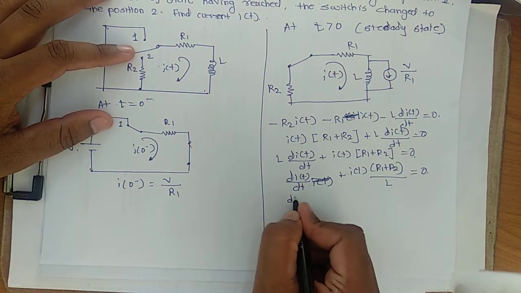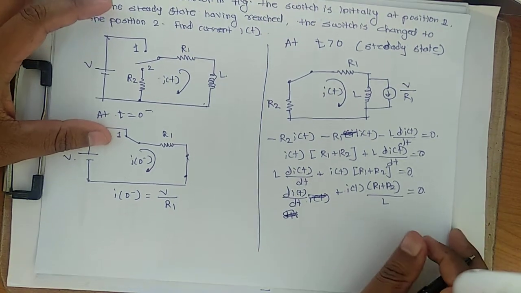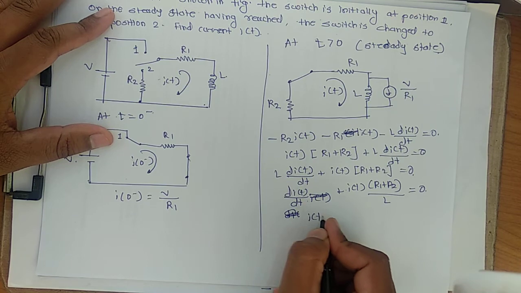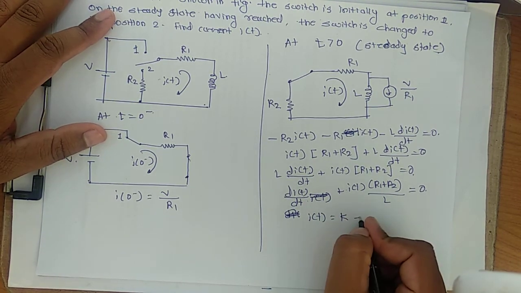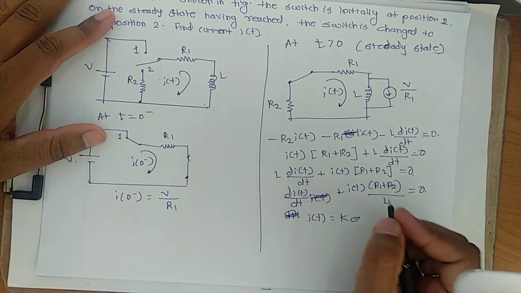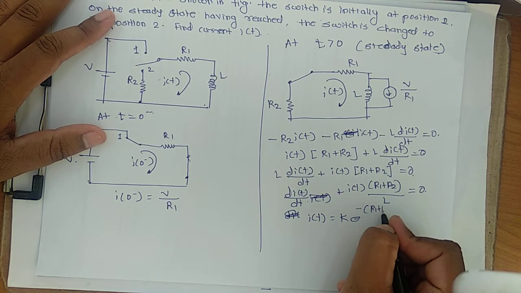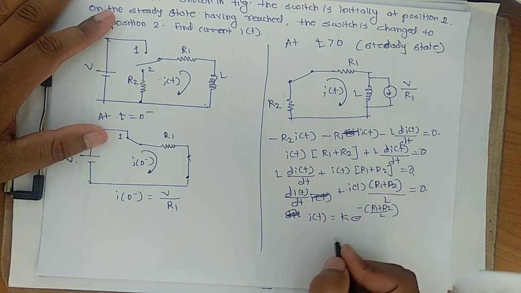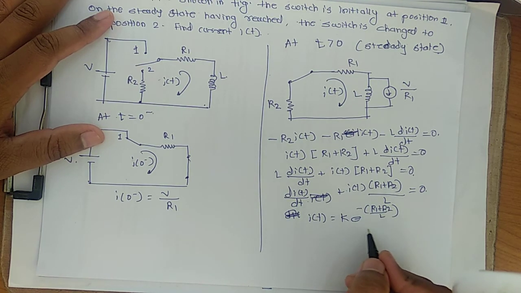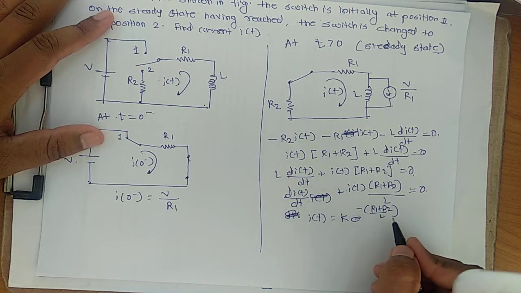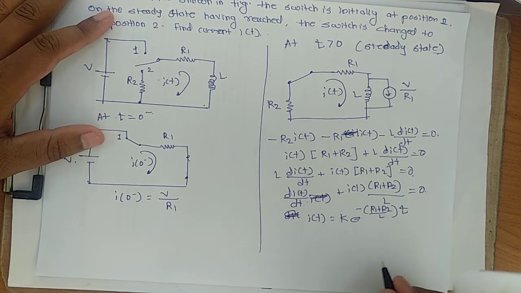Now this is the differential equation and we have to find the solution for I of t. The solution is I of t equal to k, a constant, times e raised to minus (R1 plus R2) divided by L. So my I of t is equal to k e raised to minus (R1 plus R2) divided by L times t, because it is in the time domain.